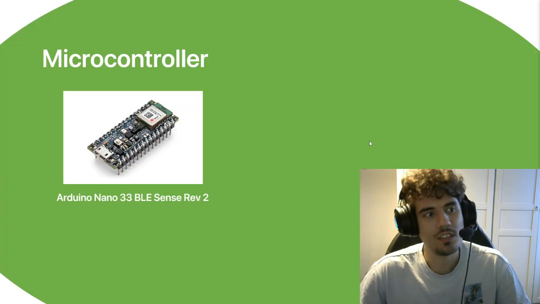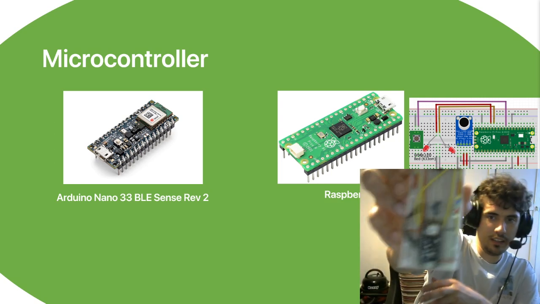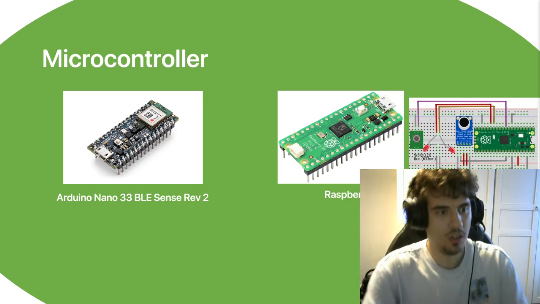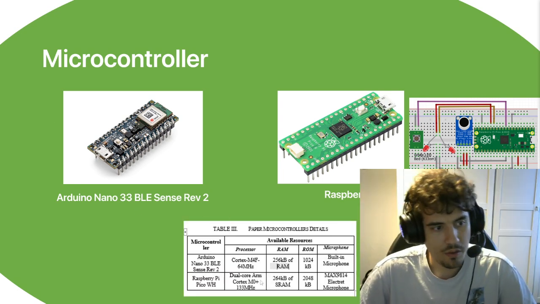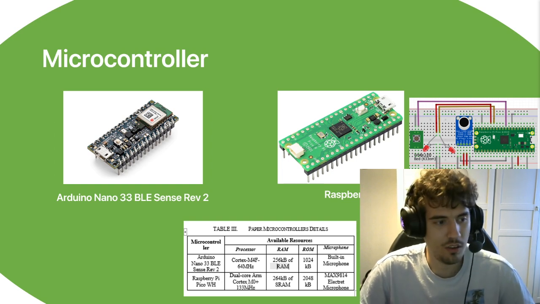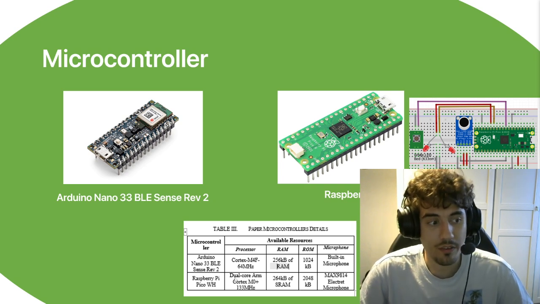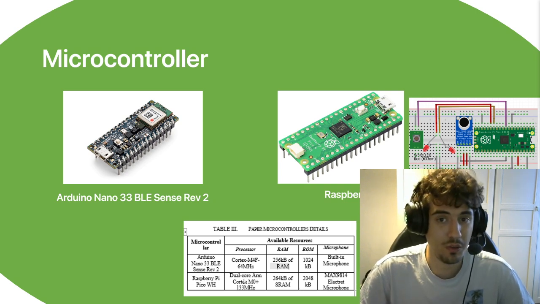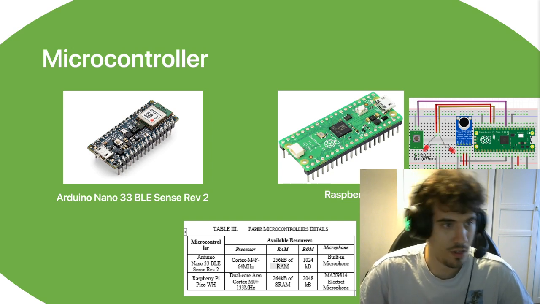For microcontrollers, I worked with two of them, the Arduino Nano 33 BLE and also the Raspberry Pi Pico 2. In our table in the dissertation, we use these two, which have varying levels of RAM and ROM, as well as different numbers of cores, but also some don't really support floating point arithmetic. And this becomes troublesome later on.